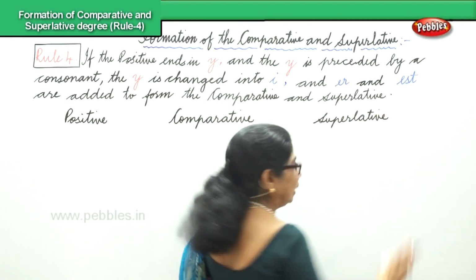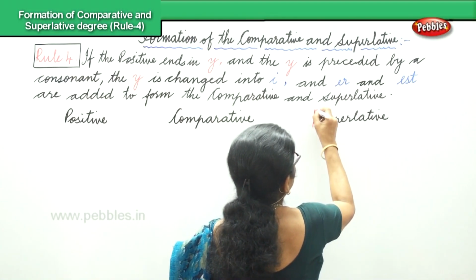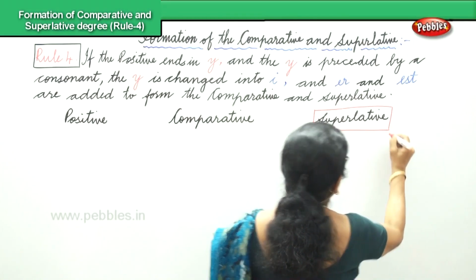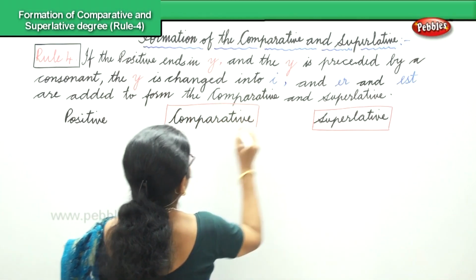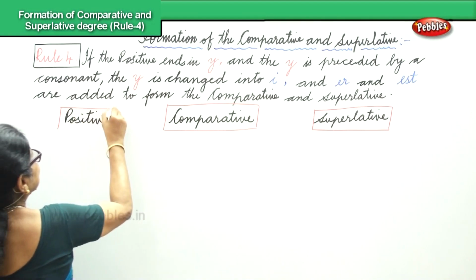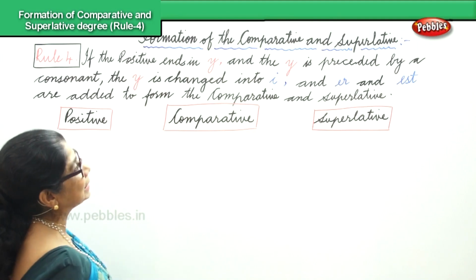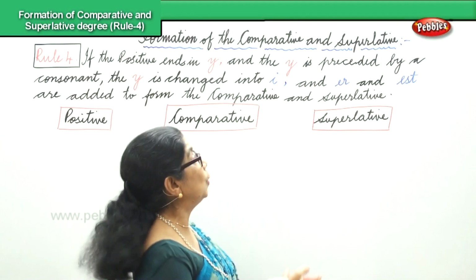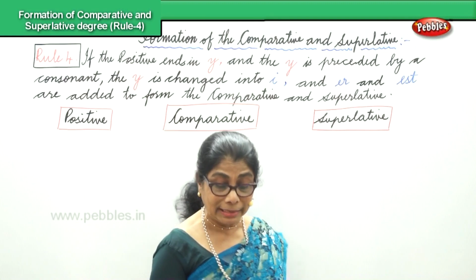So now we're going to look at how the 3 degrees are formed in adjectives in rule number 4. What does rule number 4 say? If the positive ends in Y and Y is preceded by a consonant, Y is changed to I, then you add ER and EST in the formation of comparative and superlative.